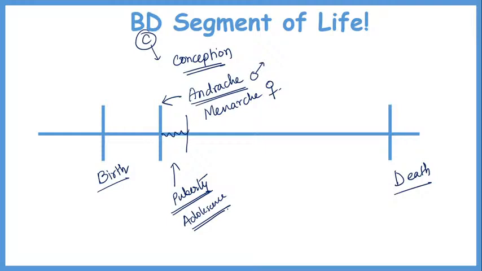This you have to remember. Andrarche is a bit of a diffused terminology, not very well defined, so you may have some problems understanding it, but it is more or less the starting of puberty in males, right?